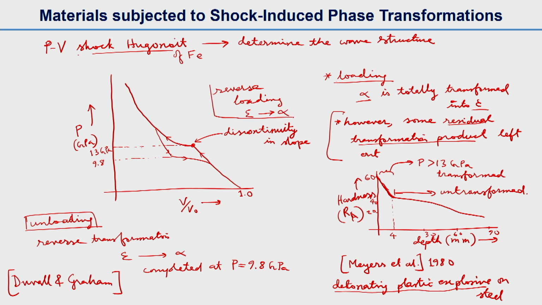That's what we discussed in this point, because as I told you, the transformation product here is epsilon, because we got epsilon from alpha. Residual transformation product means some part of the epsilon will be left out, will not be converted to alpha. So that's what residual transformation product means.